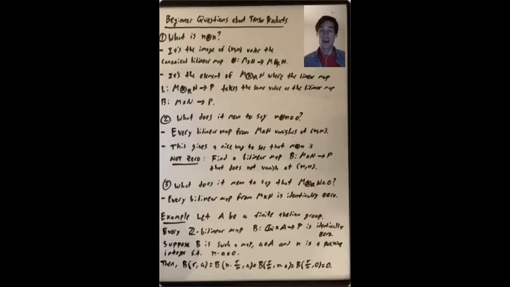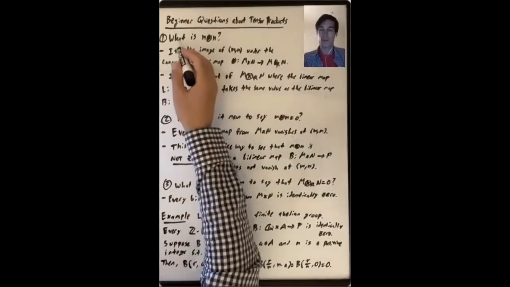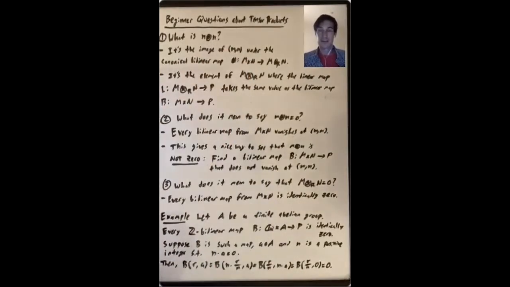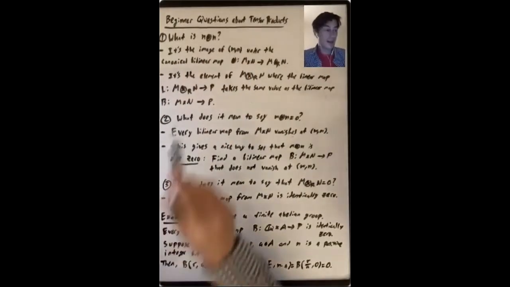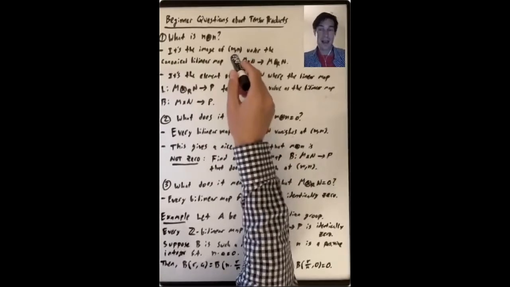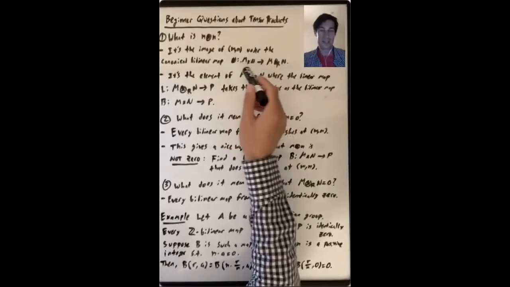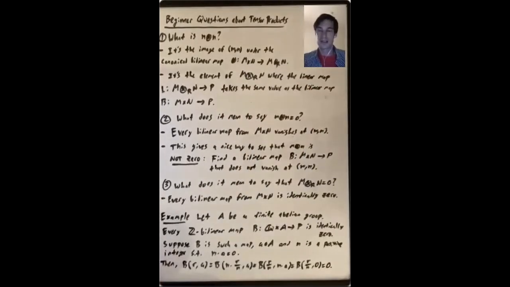I next want to talk about some things that Conrad refers to as beginner questions about tensor products. And a big theme here is going to be understanding tensor products in terms of bilinear maps. So first question, what is the elementary tensor m tensor n? Here is an answer. It's the image of the pair (m, n) under the canonical bilinear map tensor that goes from the direct product to the tensor product.